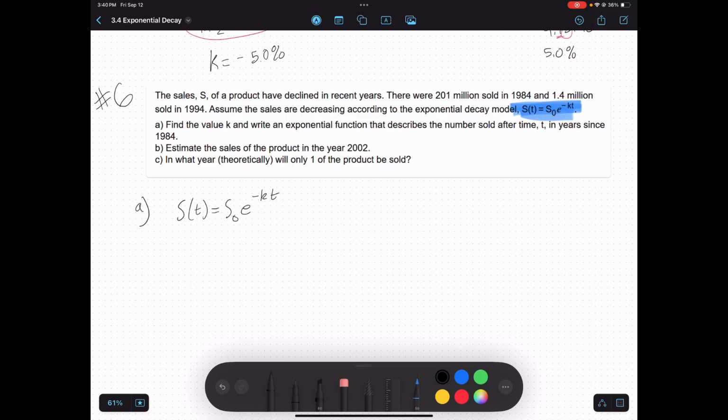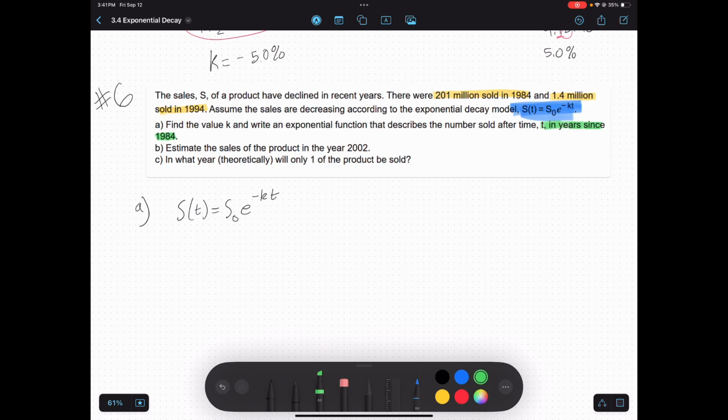Well, the way I'm going to do this is I'm given two different data points. I'm given the amount that were sold in 1984, and I'm given the amount that were sold in 1994. So that's how I'm going to actually complete this problem. And the other key thing that's going to be helpful here is recognizing that t is going to represent years since 1984. So if I assume that with my t value, that means I'm starting at 1984.